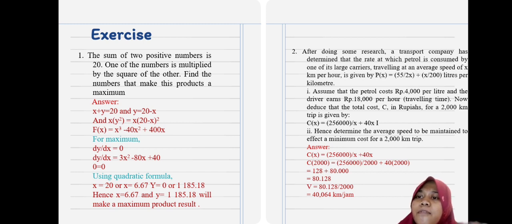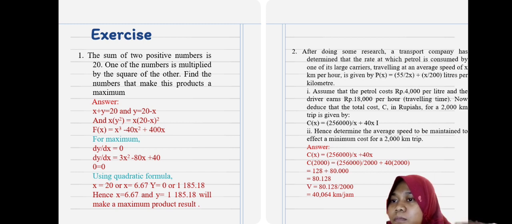Hence determine the average speed to be maintained to effect a minimum cost for a 2,000 kilometer trip. Answer. C(x) equals 2056 over x plus 40x.